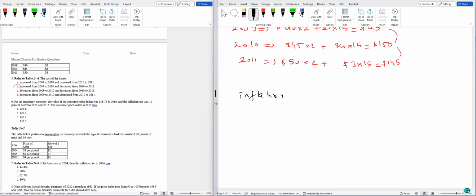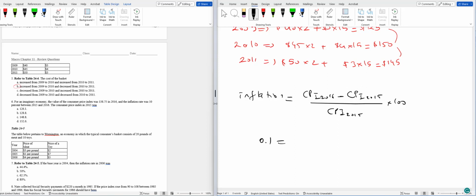You have the formula in your textbook. Inflation is CPI 2016 minus CPI 2015 divided by CPI 2015 times 100. So inflation is 10%, which means 0.1 in decimal, so I don't need to use the 100 in the formula.